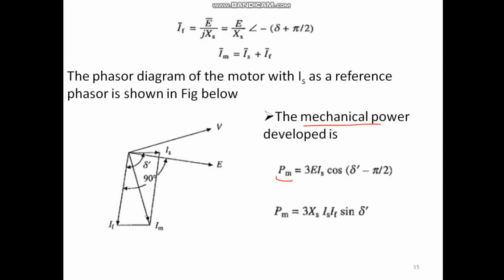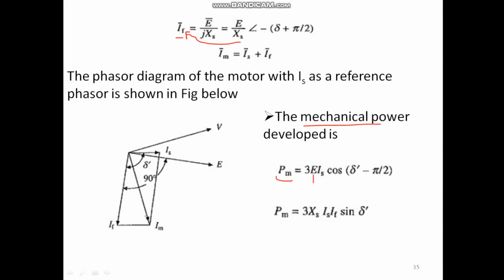Now when I modify this, 3 Xs into, I have substituted for E as If into Xs.